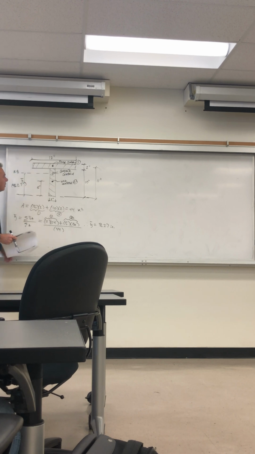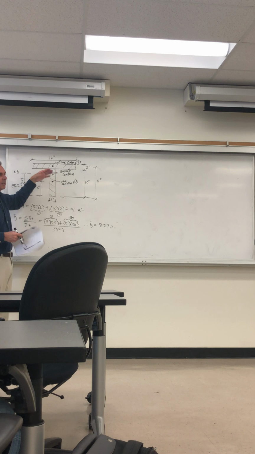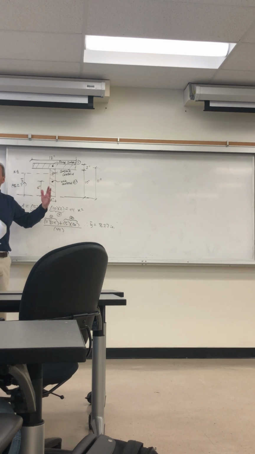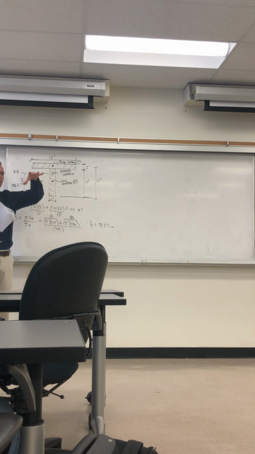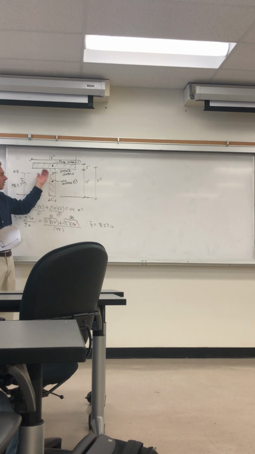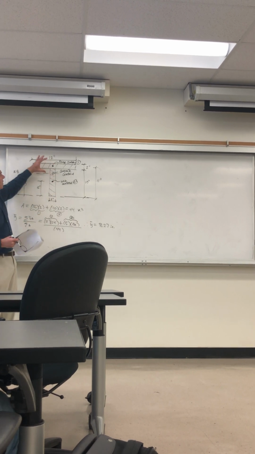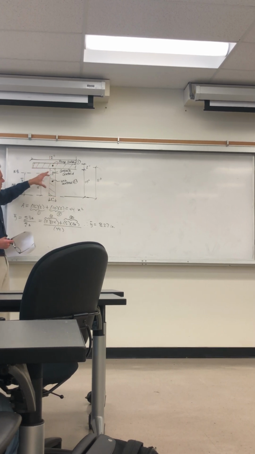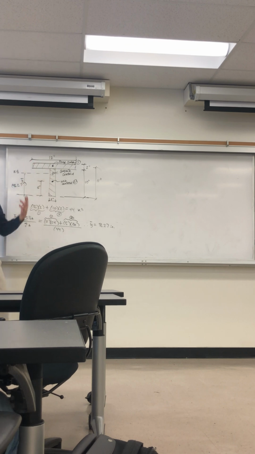If you cut both of these shapes out and glue them together, so they're one composite section, this is the location where it's balanced. If you cut it out of cardboard, let's say, and put it horizontally, you put your finger there, that's the balancing point. The moment of this area is balanced by this area the other way. That's what the centroid is.